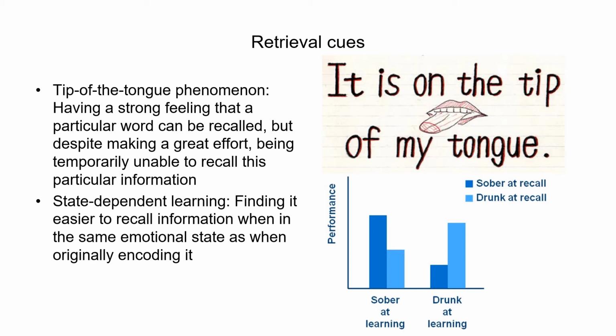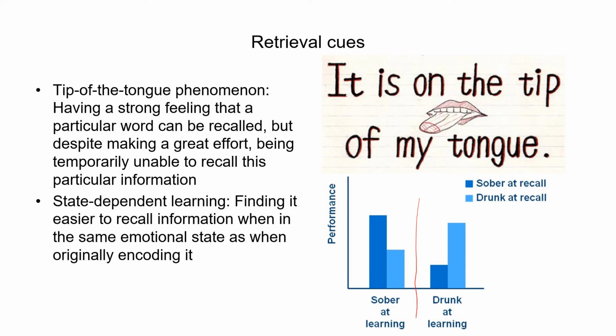They did a study on this, and that's what you see over here on the right. What you see divided here is the dark blue, which is sober at recall, and the light blue, which is drunk at recall. But what's important is whether the person was sober or drunk when they learned it.